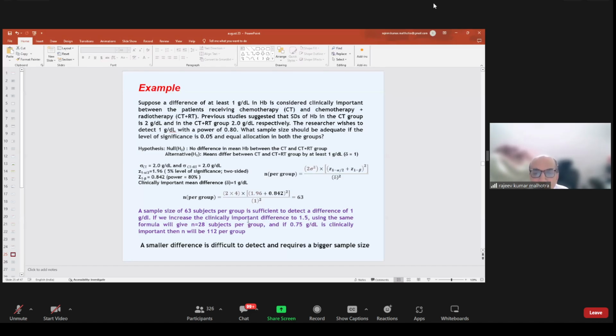If you increase the power, what is the effect on the sample size? If you increase the variance or standard deviation, what is the impact on the sample size? This type of objective question you can find at the PG level, so you have to take care about that. If the numerator value is increasing, the sample size will increase. If the denominator value is increasing, the sample size will decrease.